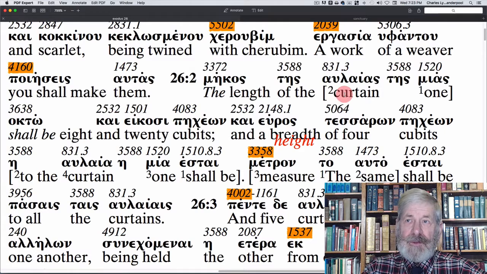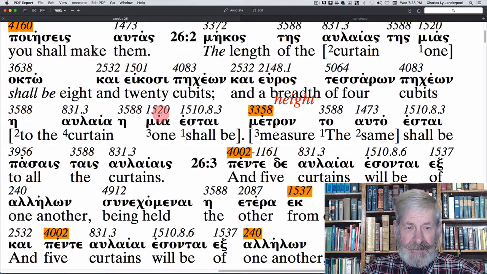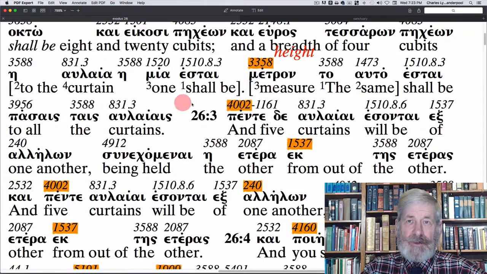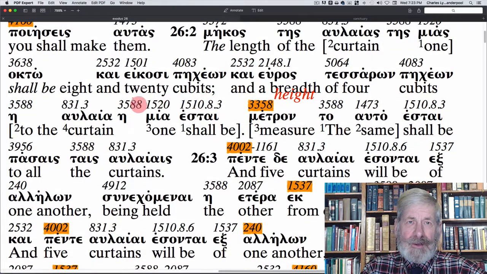The length of one curtain, 28 cubits. That would be 210 feet long. Now the 28 cubits, and the breadth of 4 cubits shall be to the one curtain, and there's 28 cubits times 18 inches divided by 12.